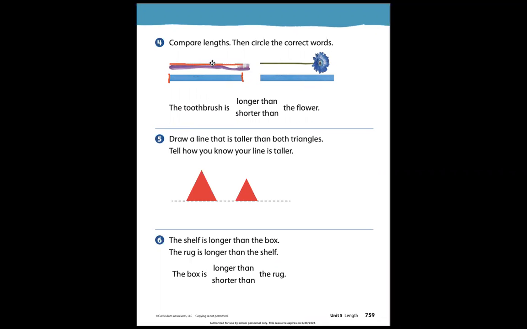Well, I can see, let's see. The toothbrush is longer than the flower. Well, it's shorter than the stick here. The flower is longer. No. Is the flower longer? No, the flower is shorter than the stick.